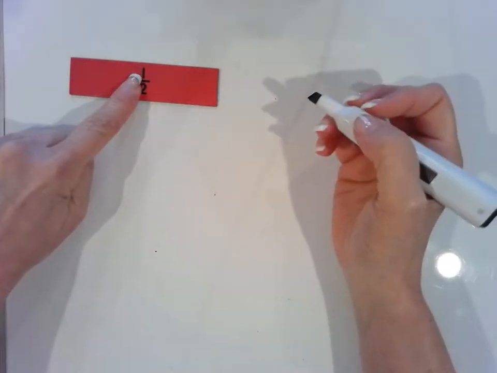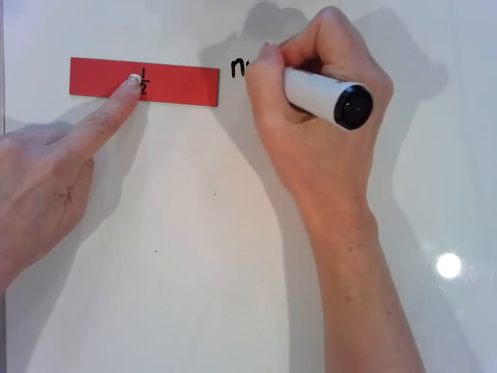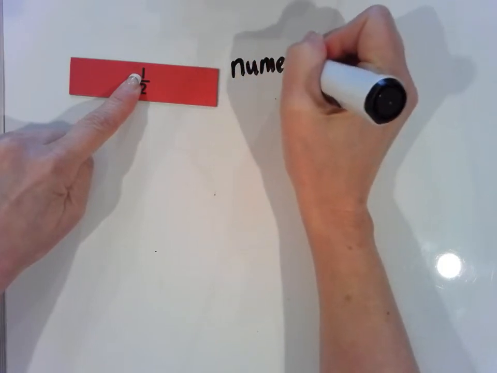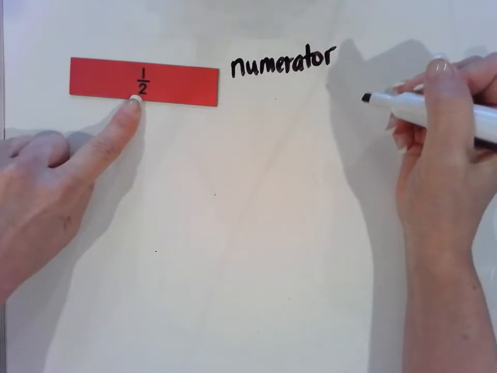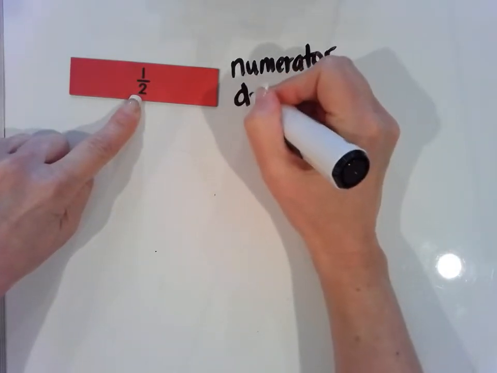If you think back to when you first started learning about fractions, you learned about the top number, which represented your numerator, and the bottom number represented your denominator.